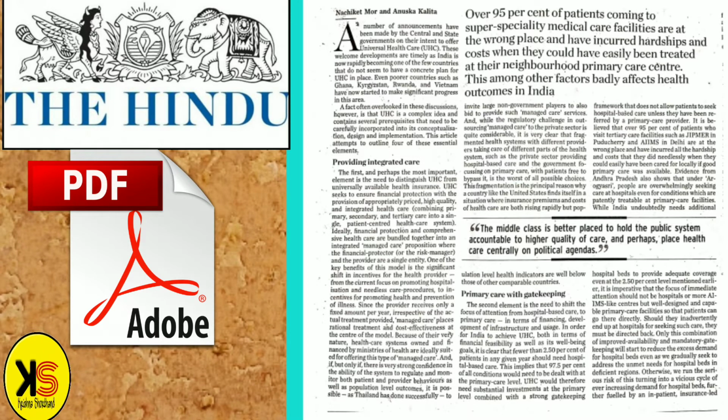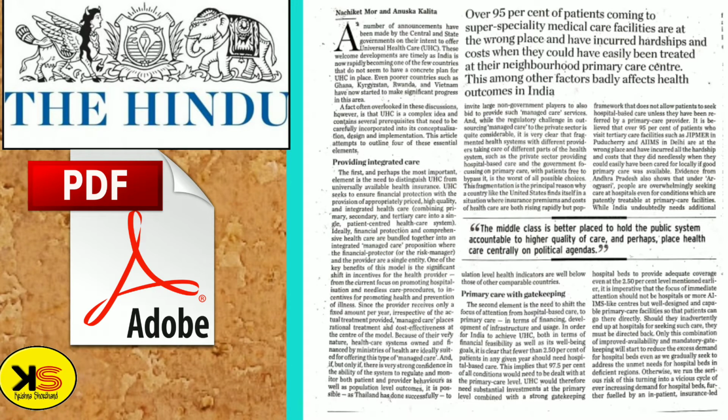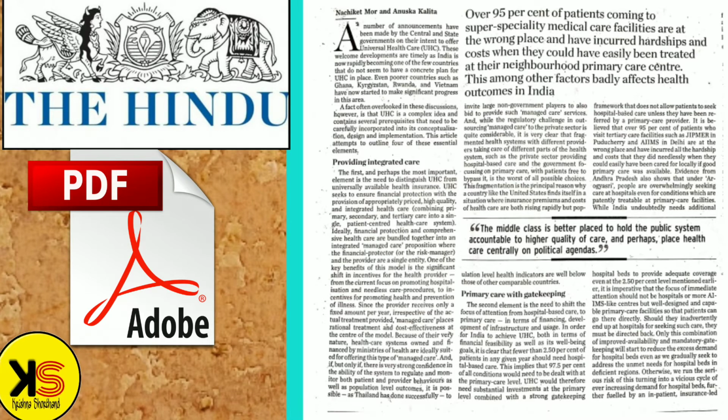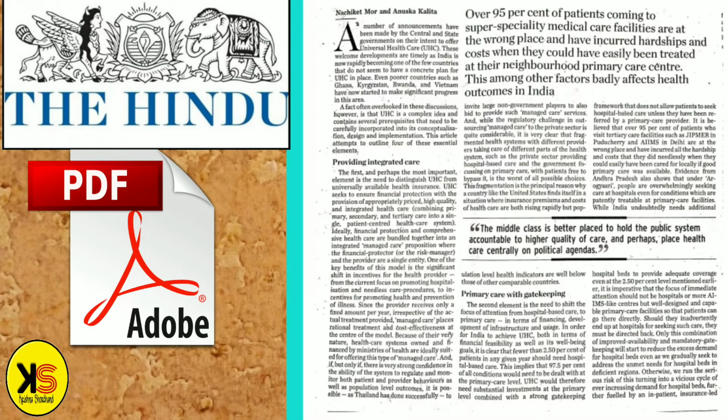Ideally, financial protection and comprehensive healthcare are bundled together into an integrated managed care proposition where the financial protector or the risk manager and the provider are a single entity.